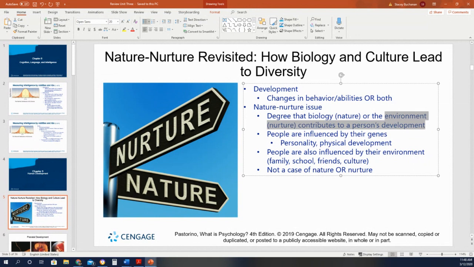Let's go over a couple ways that actually plays a role. Over here, I'm just going to write nature. So biology. Then over here, I'm just going to write nurture. So that'd be environment. Spelled incorrectly. It's fine. I fixed it.